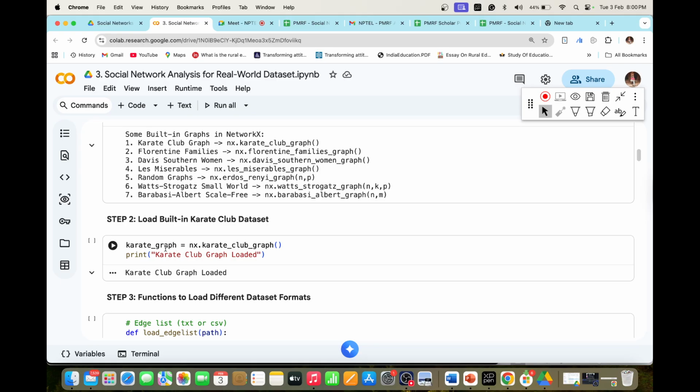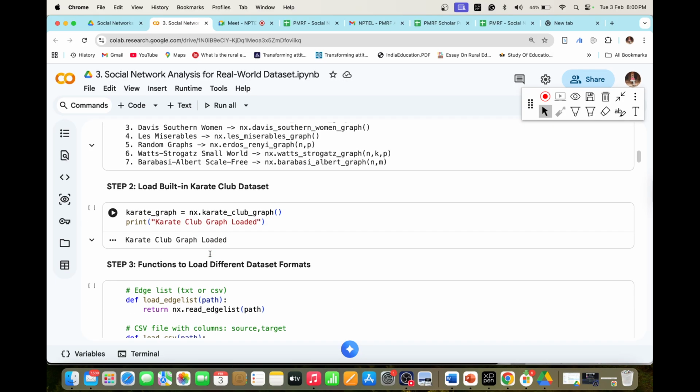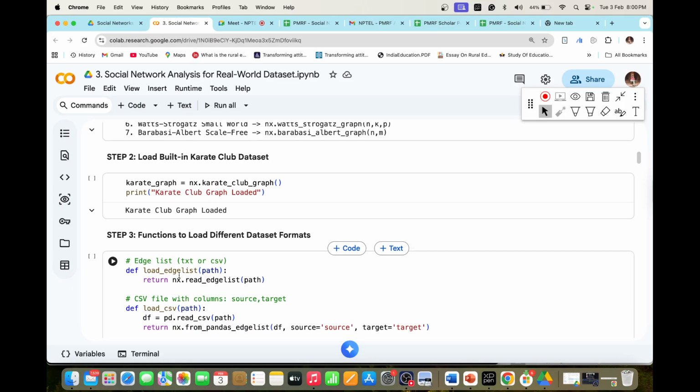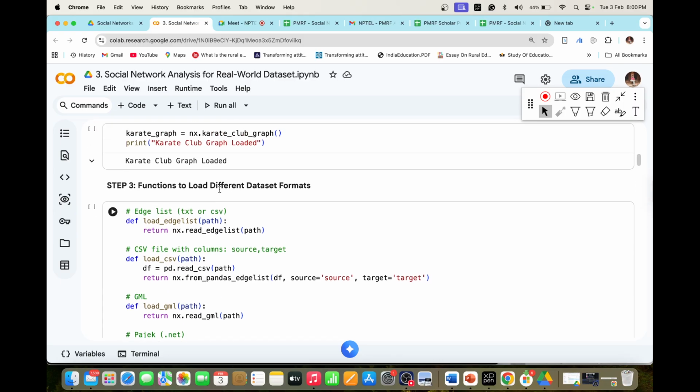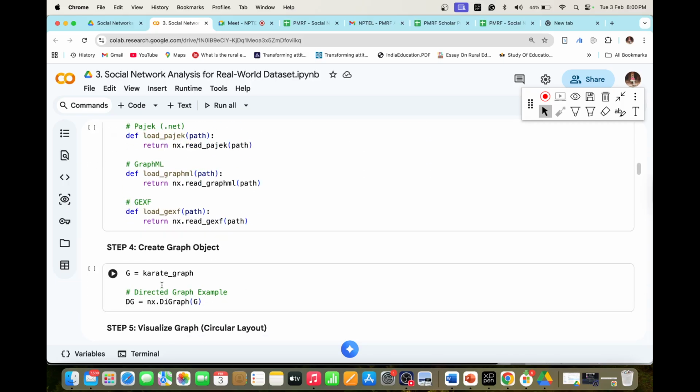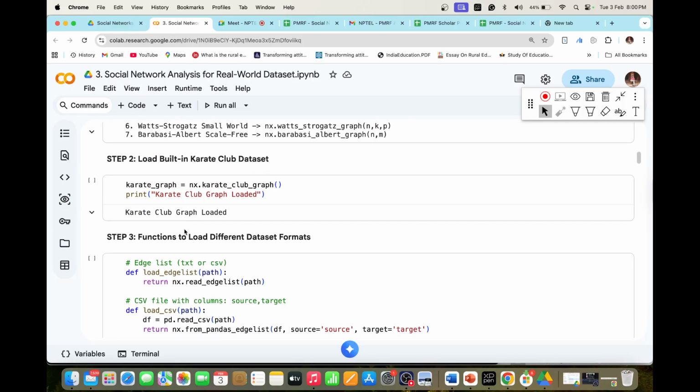So how to load the dataset? Just write nx.karate_club_graph. By this, you will load the Karate Club dataset. You can see the function to load different types of datasets.